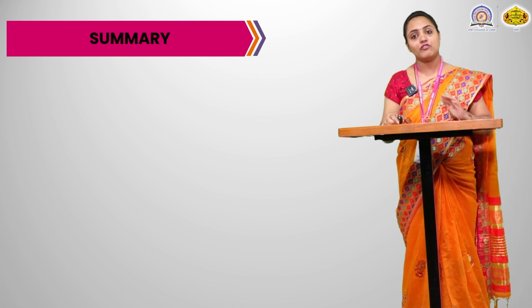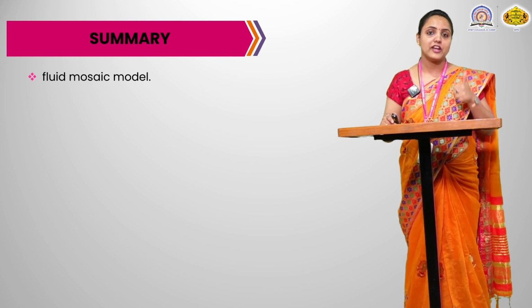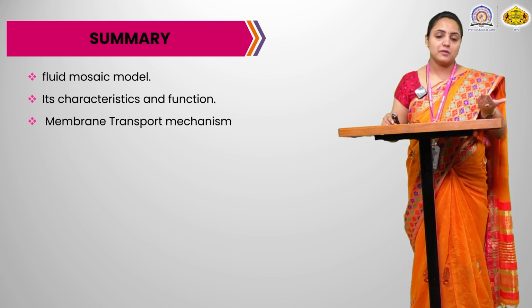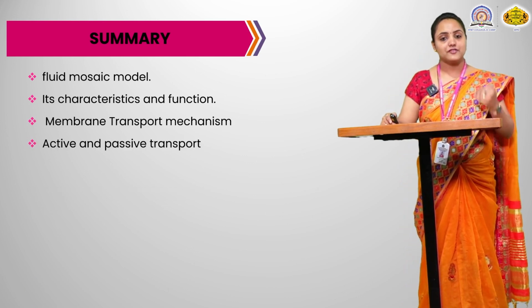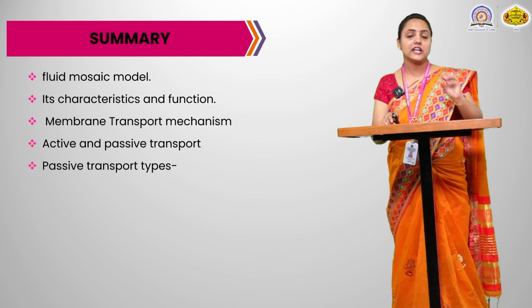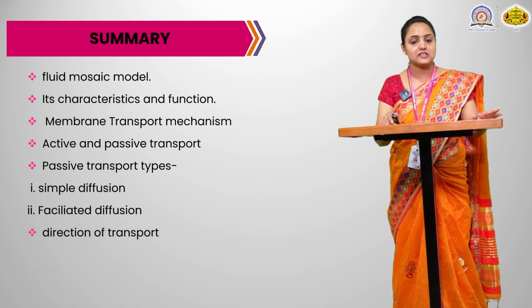Now we are going to see what we have learned in today's session. We have seen the fluid mosaic model, its characters and its functions. We have seen membrane transport mechanisms, active and passive. We have learned the detailed mechanism of passive transport, the simple and the facilitated, and the direction of transport.